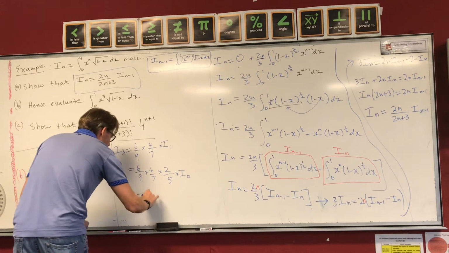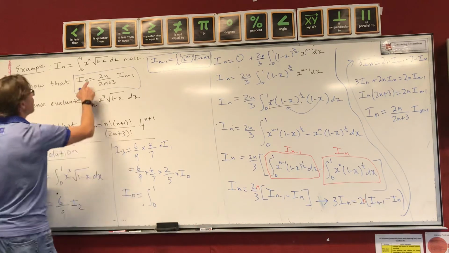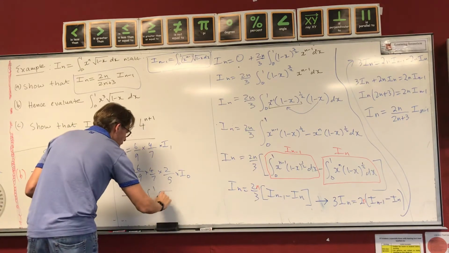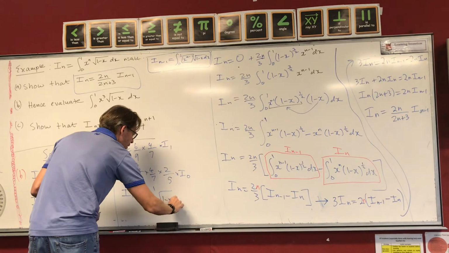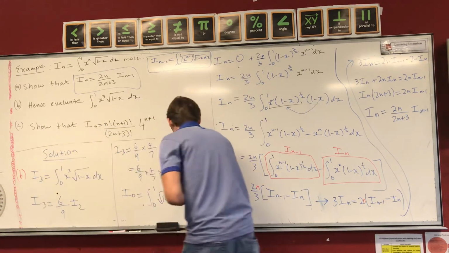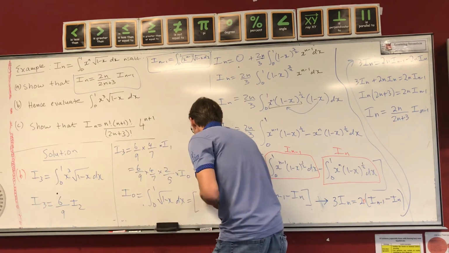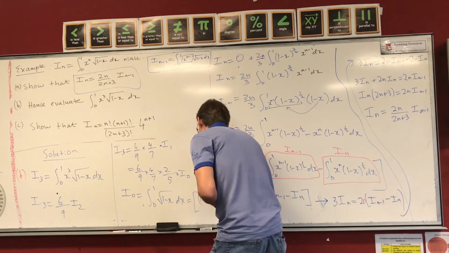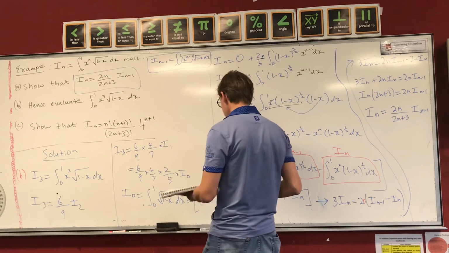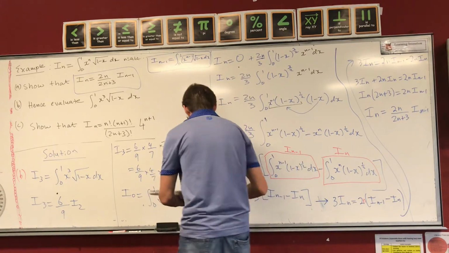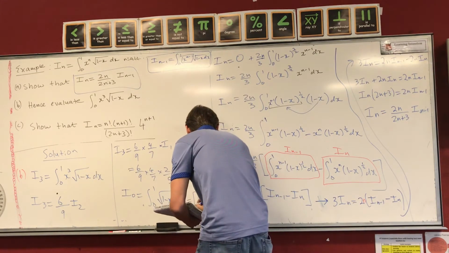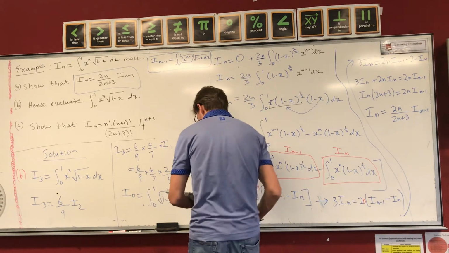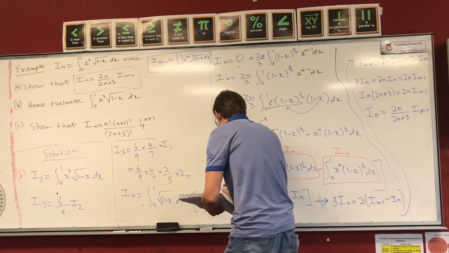I0 will be the integral from 0 to 1. Putting 0 there, x to 0 is 1, so it's just the square root of 1 minus x dx. Now we know how to integrate this: 1 minus x to the 3 on 2 over negative 2/3, from 0 to 1.